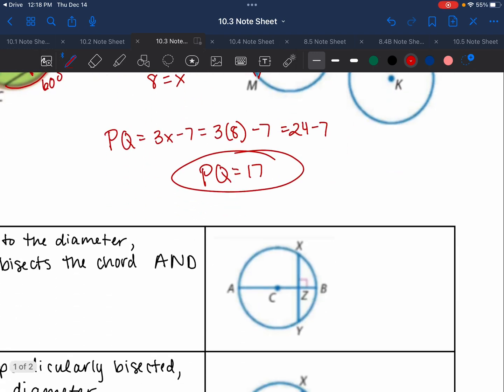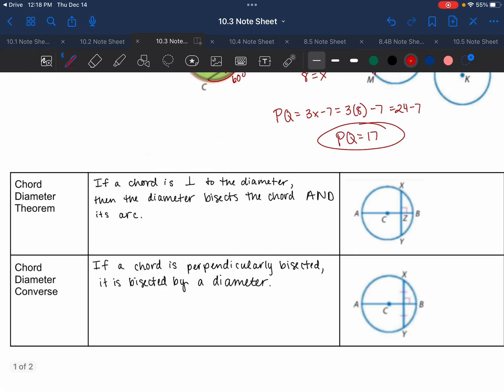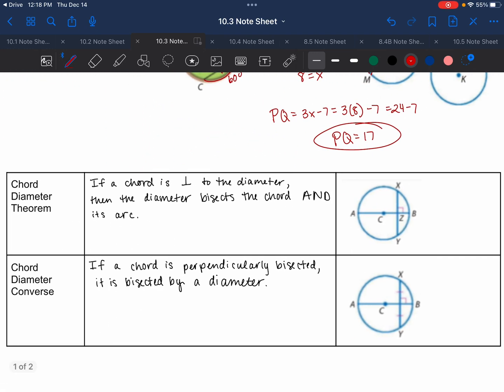All right, some more theorems. Chord diameter theorem. If a chord, so here XY, is perpendicular, so it creates a 90-degree angle to the diameter, then the diameter bisects the chord, so XZ and ZY are congruent, and bisects the arc, so XB and BY are congruent.